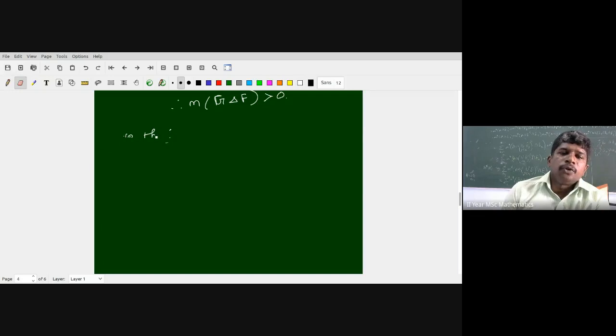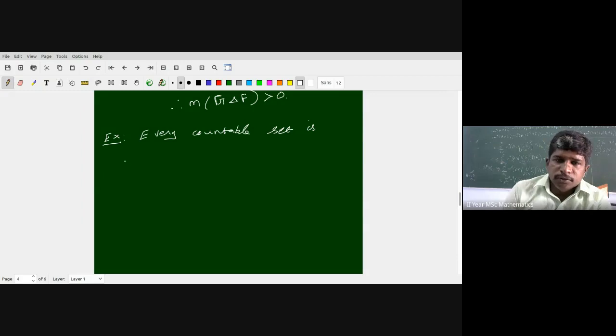So I can write the following statement: every countable set is measurable, and it has zero measure. So, exercise: every countable set is measurable and has zero measure.